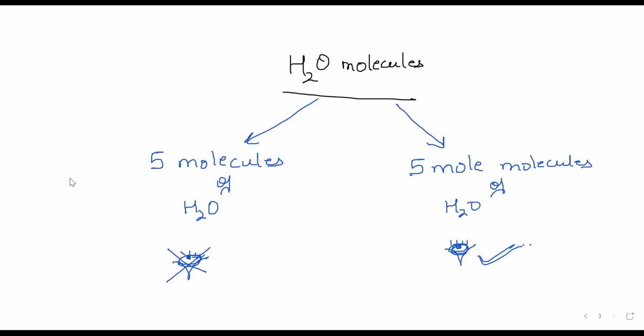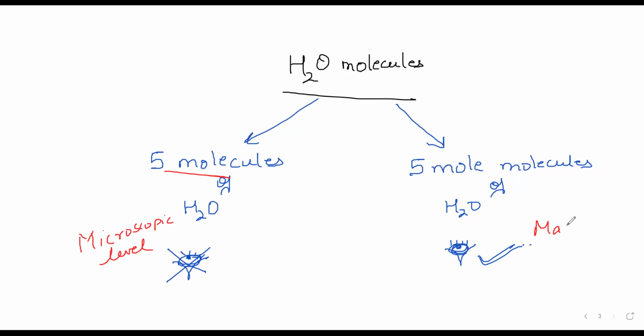So when we are dealing in 5 molecules, 10 molecules like this, 100 molecules, which we obviously can't see through the naked eye, this we term as microscopic level. This is a simple terminology just used by me to make things easier for you to understand.